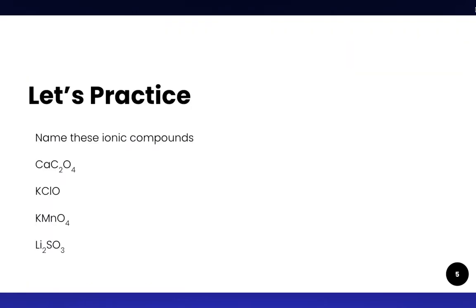So let's practice. Then this one, I'm going to go ahead and highlight the polyatomic ion just so it's clear to you where the cation stops. So this one is calcium.